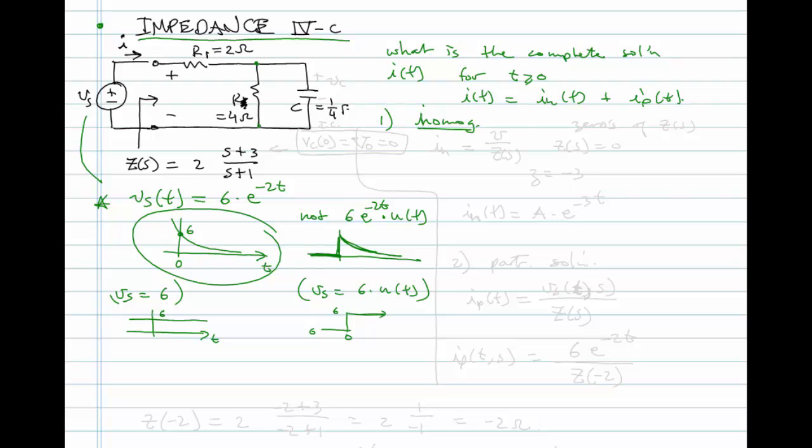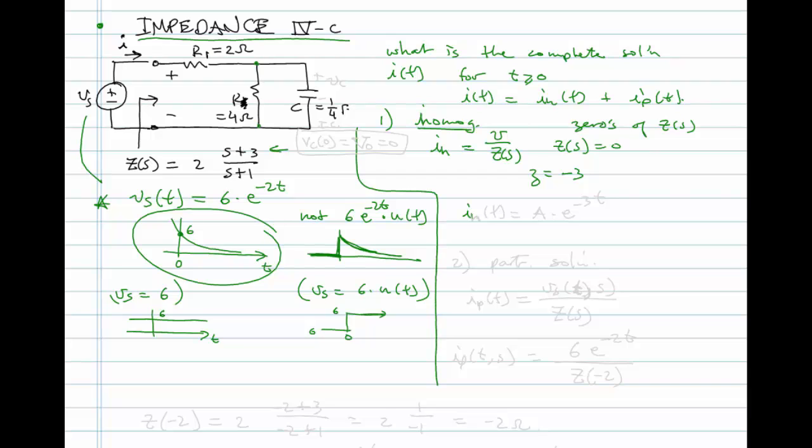When we're looking for I, it's equal to V divided by Z of S, and so we're looking for the zeros of Z of S. The zero of Z of S in this case is when S is equal to minus 3.